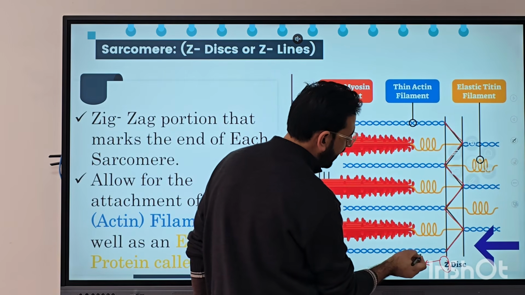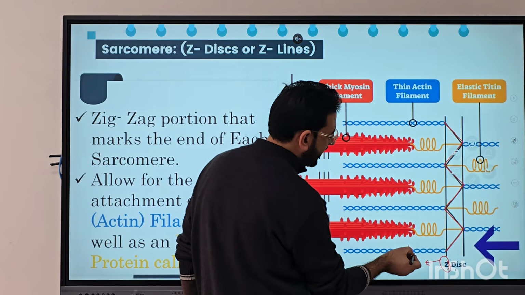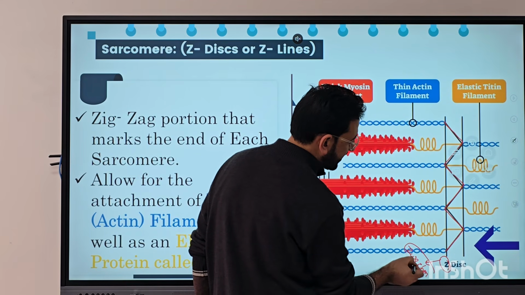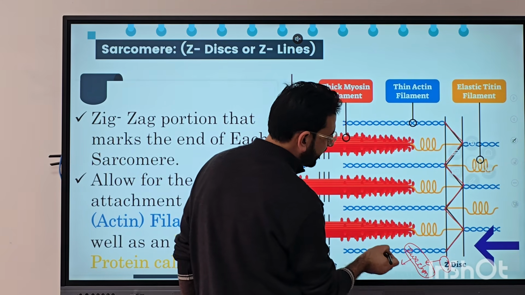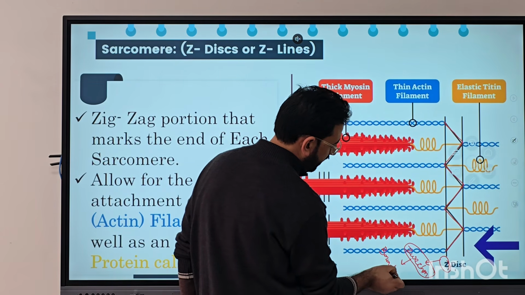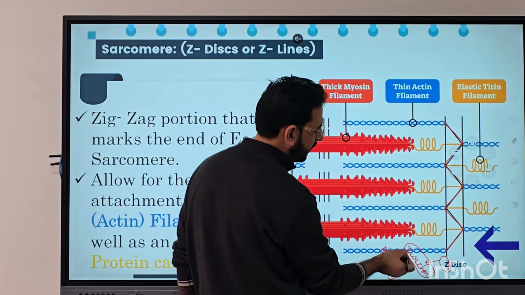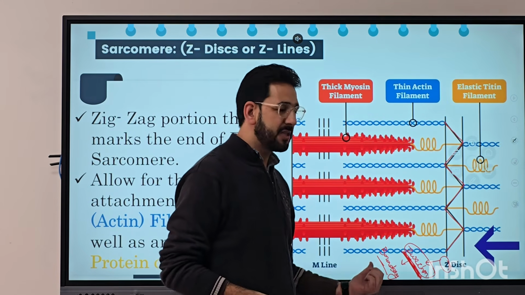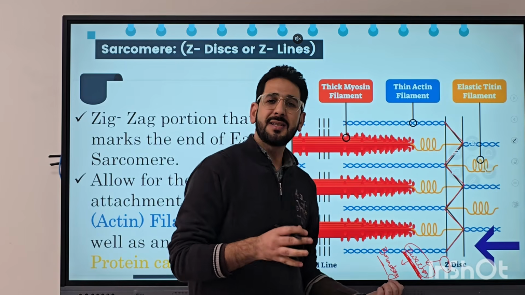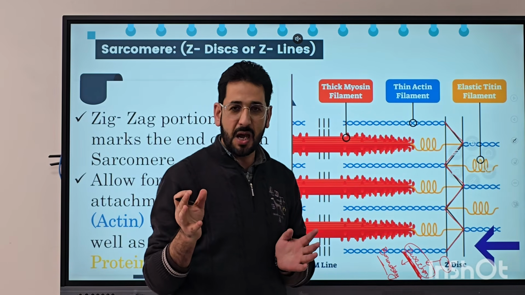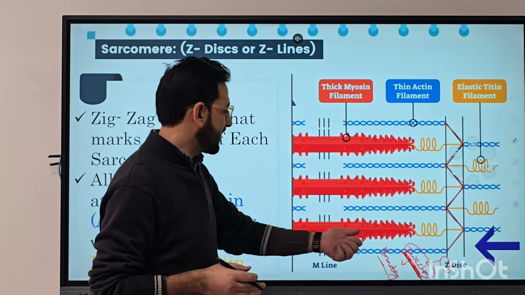It comes from the word Zwischen, a German word, and Zwischen means boundary. Because this Z line provides the boundary on both sides of the sarcomere, it is called the Z line.